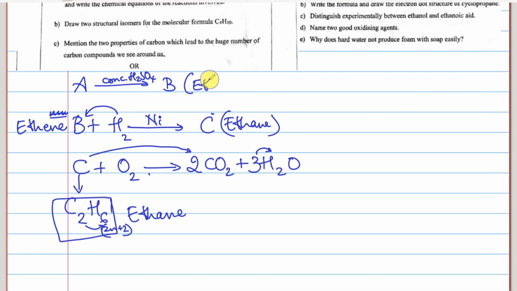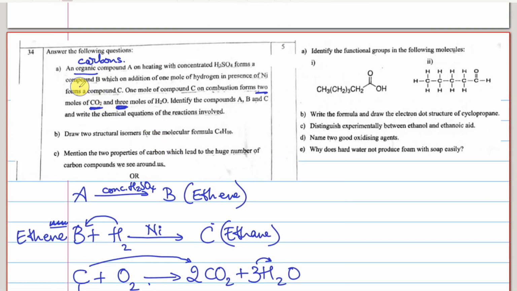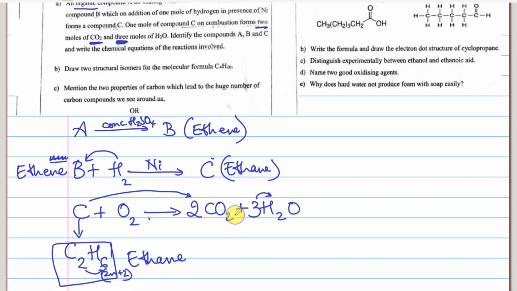So if B is ethene, what might be substance A? Let us read the first statement again. An organic compound A on heating with concentrated H2SO4 forms compound B, ethene. So it is forming ethene from an organic compound. So this reaction, we know that ethene is formed from ethanoic acid.